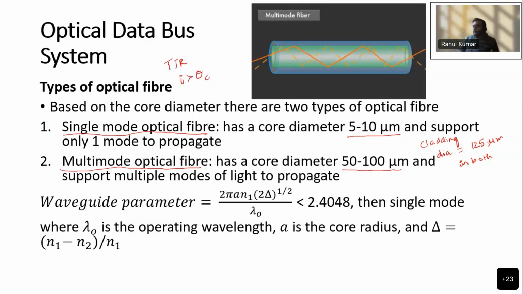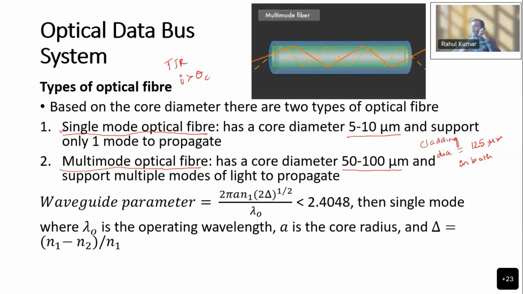Now, in the case of single mode optical fiber, since the diameter of the core is very small, it would only allow one angle of incidence for the light to propagate by total internal reflection. So in single mode fiber, since the core diameter is small, the light can only follow a single path or single angle of incidence.